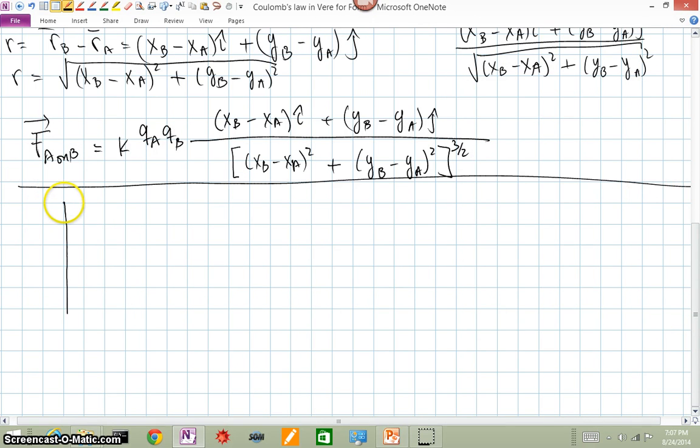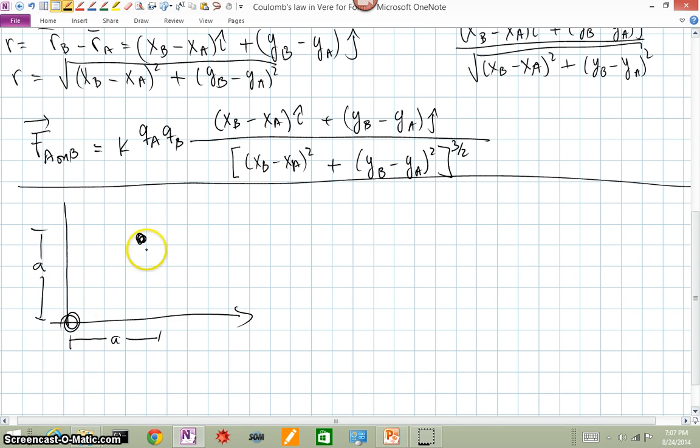Let's assume that we have this configuration. We have a charge here at the origin, and then we have another charge here, at a distance a and a here, right? So what is the force on this charge?